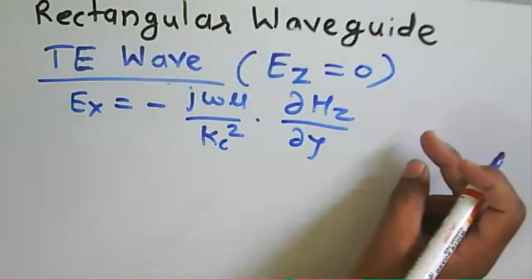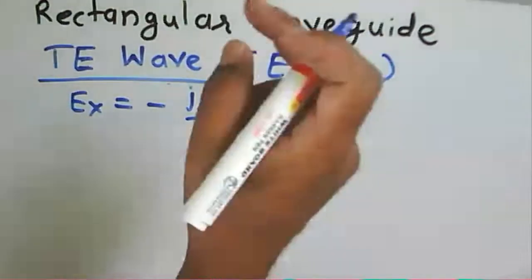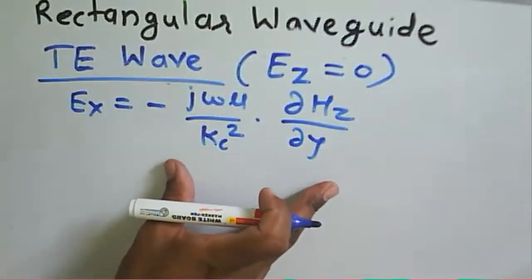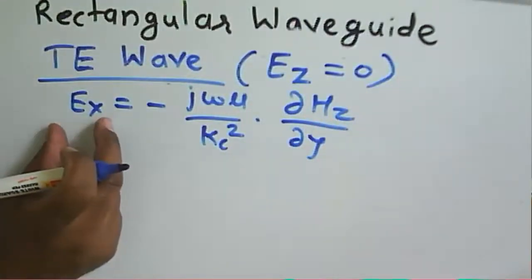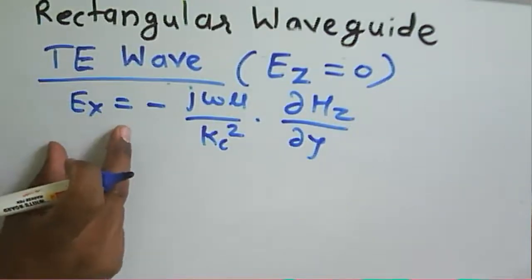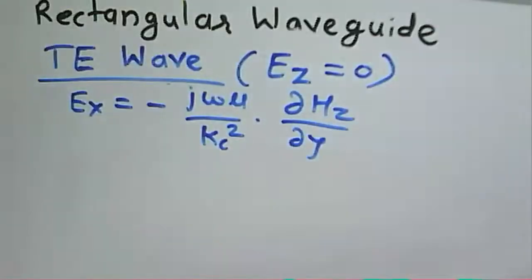Earlier the Ez component was there in Ex; that Ez component is 0, so that term is 0 and only this term is there. This transverse electric field component can be obtained from the longitudinal component of the magnetic field.